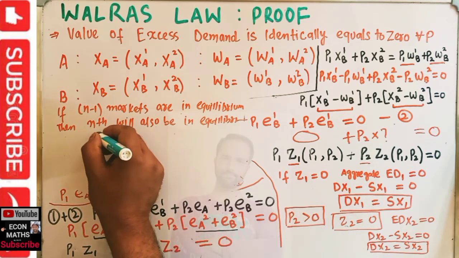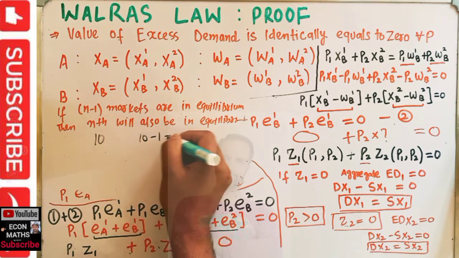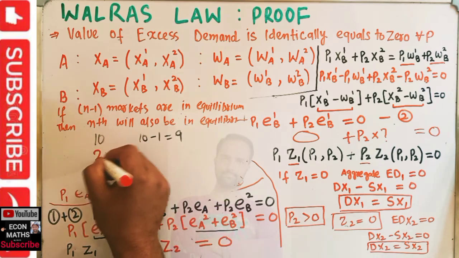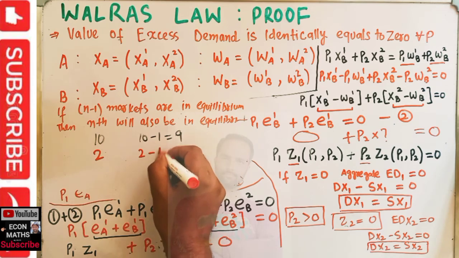Let us say we have 10 markets. If 10 minus 1, that is 9 markets, are in equilibrium, that means the 10th market will also be in equilibrium. In this case, you can see we have actually proved this here. We had only 2 markets, so n minus 1 means 2 minus 1.